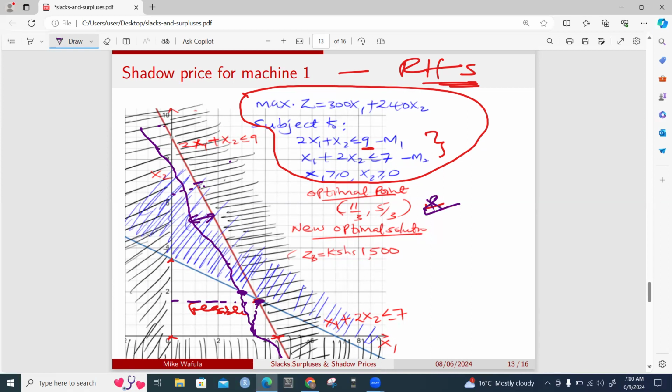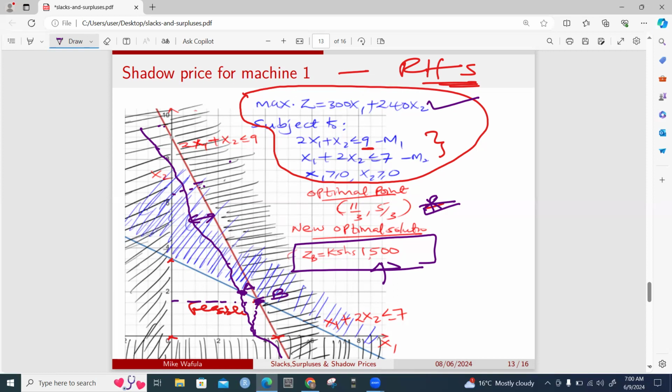And so if I substitute this point in the objective function, I now get a new optimal solution that I'm coding as ZB, calling this point B now, the new B. The original one was A, and it's giving me now 1,500 shillings as a profit, compared to the original one, which was 1380.